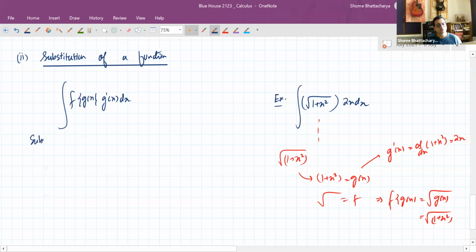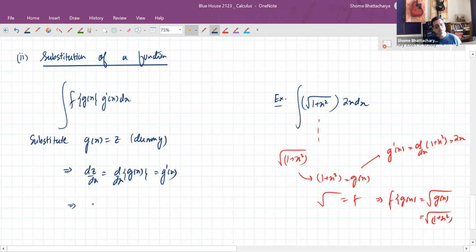So we substitute gx as a dummy variable z. On doing that, dz by dx becomes differentiation of gx with respect to x, which is nothing but the derivative of g.